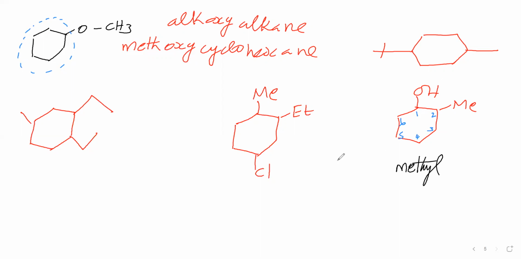This is present at the second carbon, therefore 2-methyl. This is a cyclic compound, therefore cyclo. A 6-membered ring, so hex, primary suffix ane, in that the last letter e we will drop. The alcohol we say as secondary suffix. The secondary suffix for alcohol is ol. So the name is 2-methyl cyclohexanol.